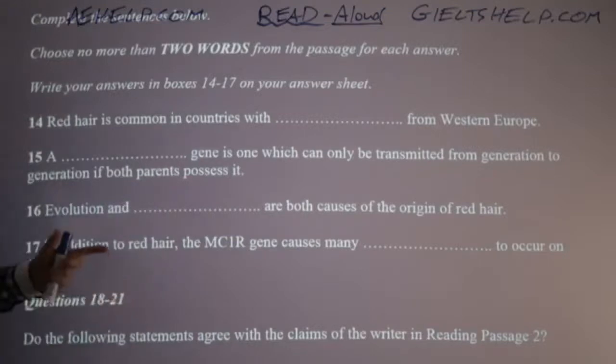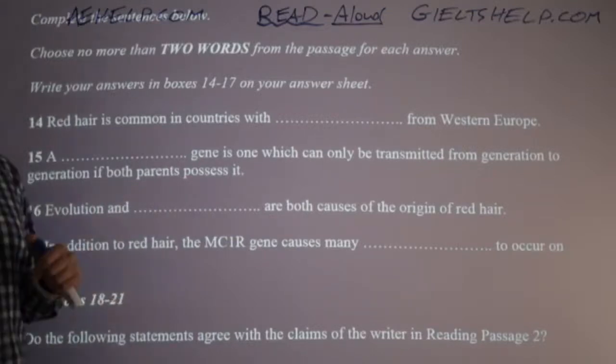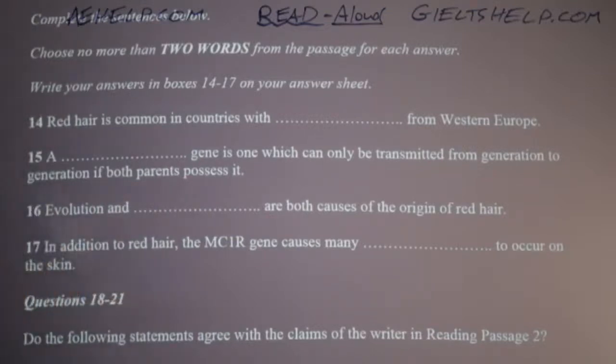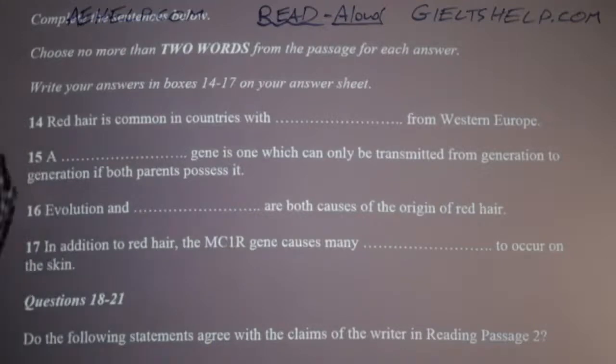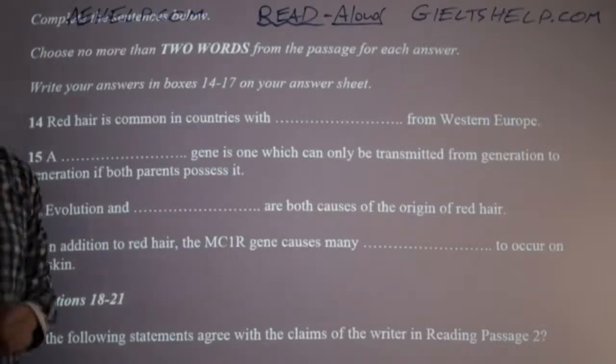Now, if you were reading carefully and you've done a bit of grade 10, grade 11 biology, you should be able to answer this question without reading the text. So ideally, you're not searching the text for every question or every answer.